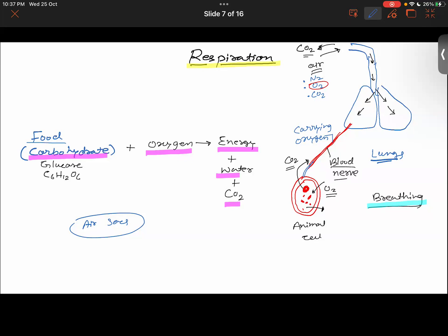There are certain bacteria that can survive in an environment where there is no availability of oxygen, so they can respire without oxygen. We are not going there, because that is not part of the discussion. Basically, respiration is the process by which the body breaks down food in the presence of oxygen.